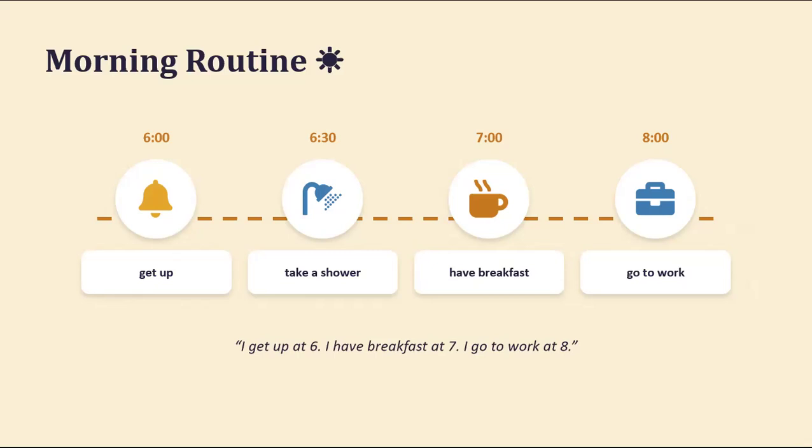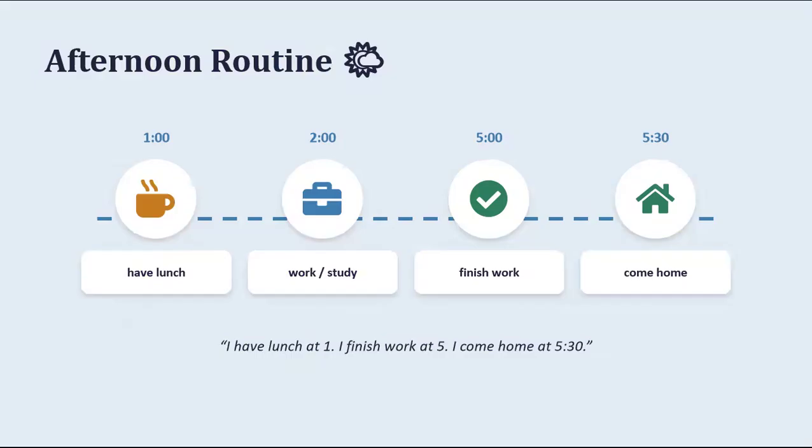It is also good if you practice right now after me, because you can see that on each picture I take a break of 20 to 30 seconds, so you can repeat after me. I have lunch at 1.